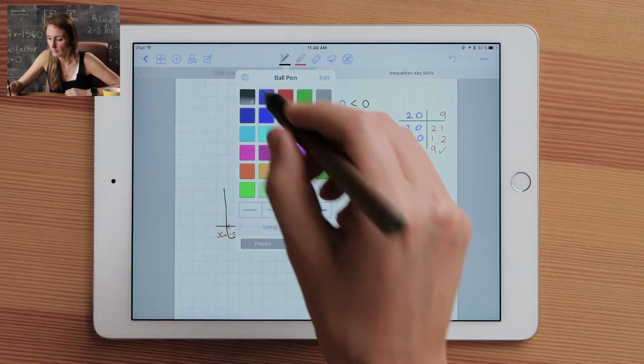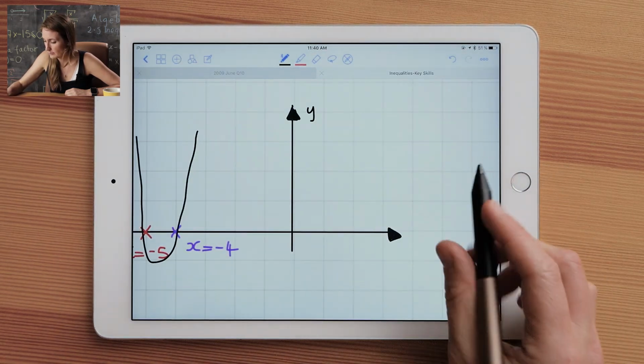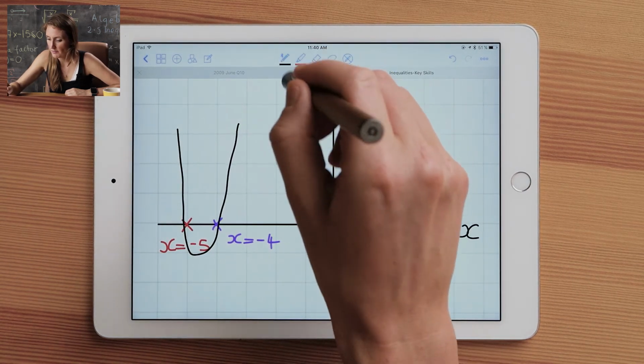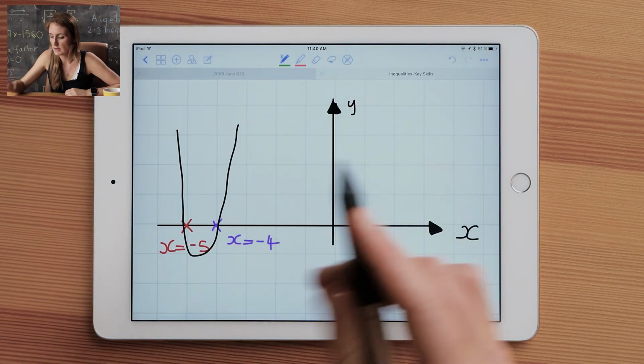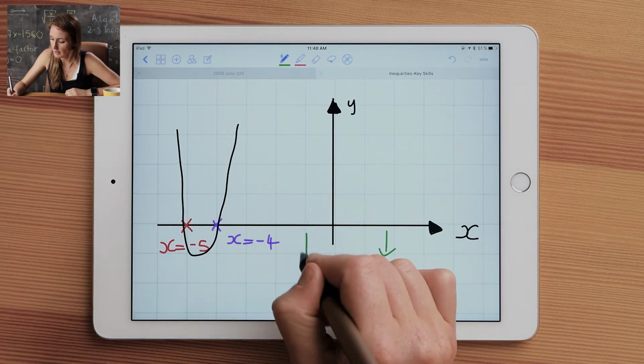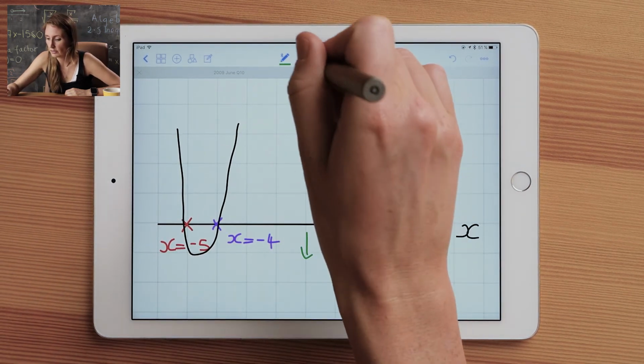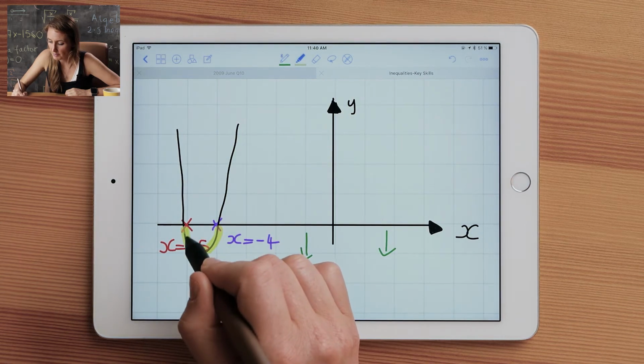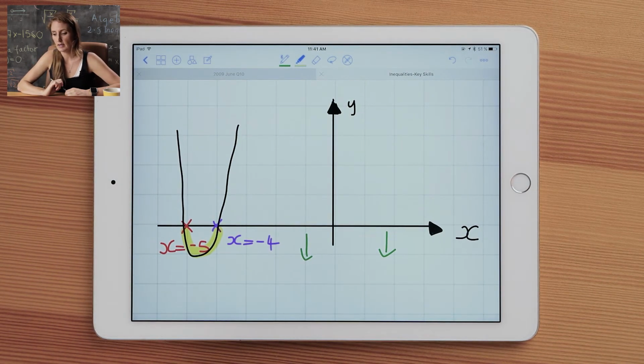So here, oh, I've forgotten to label it. Here's my x-axis. If I have to shade less than 0, I want to shade everything that is underneath. So let's take a different color. I want to shade everything that's underneath here.